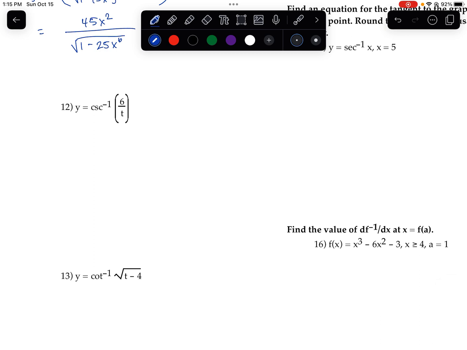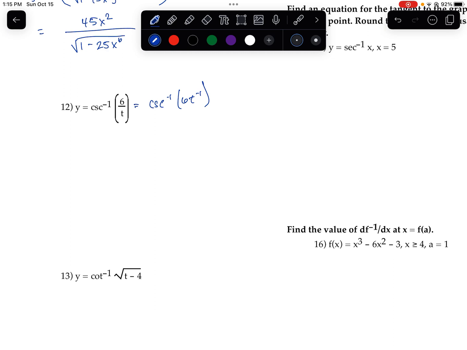Derivative of arc cosecant of 6 over t. I'm going to think about it like arc cosecant of 6t to the negative 1.